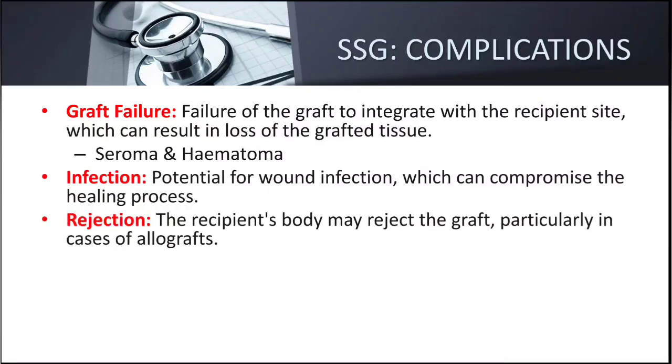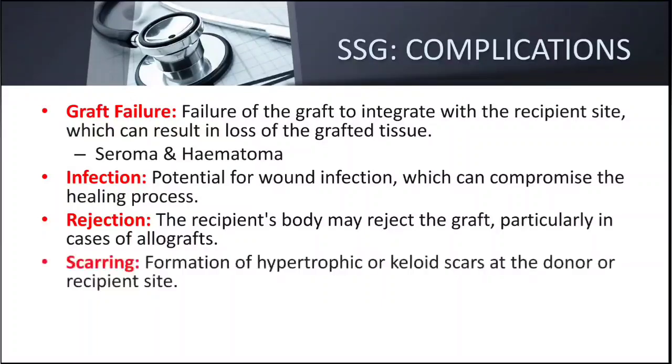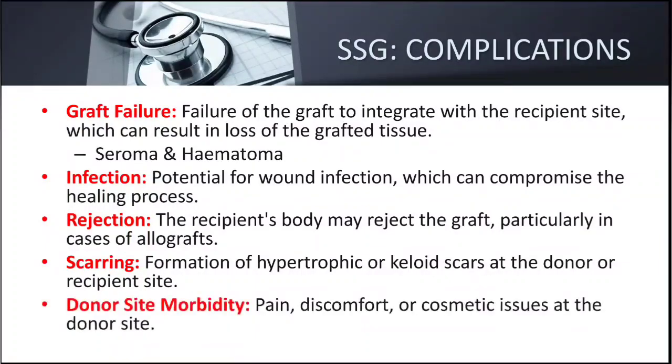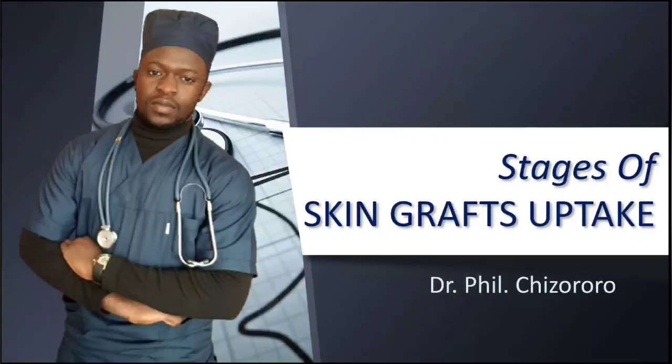Rejection, the recipient's body may reject the graft, particularly in cases of allografts. That's foreign, of course. Scarring, scar formation of a hypertrophic scar or keloid at a donor or recipient site. Donor site morbidity, there is pain, discomfort, and cosmetic issues at the donor site.